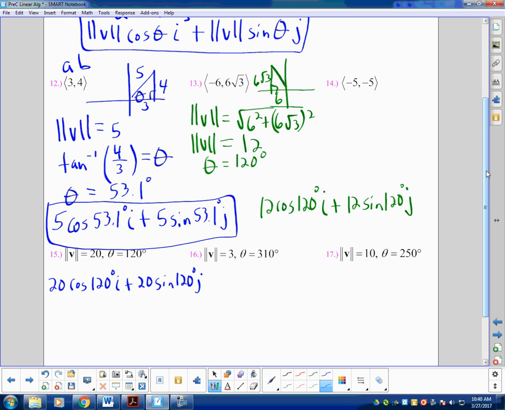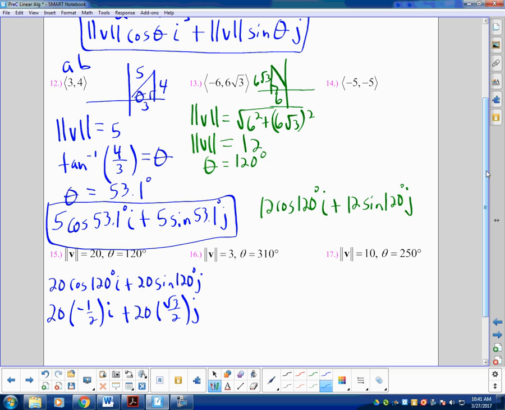And then we're going to do the same thing we did back in the polar chapter. Cosine of 120 is negative 1/2, right? Cosine of 120 gives me the coordinate negative 1/2 I plus 20 times sine of 120, which is root 3 over 2. Okay.